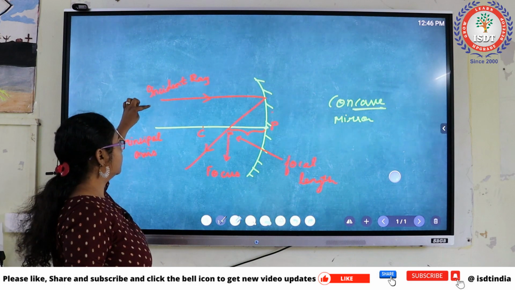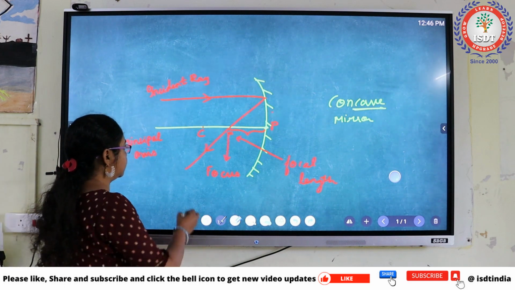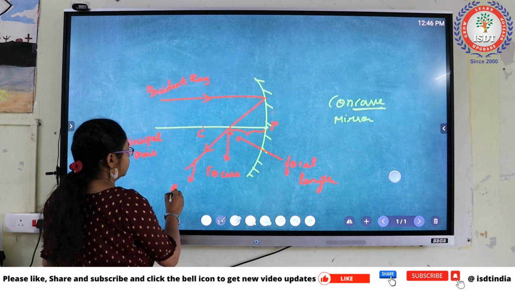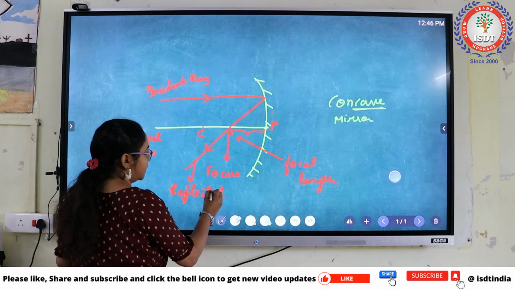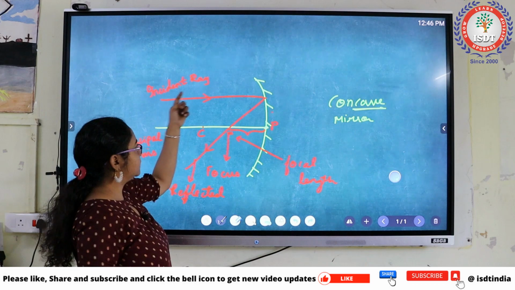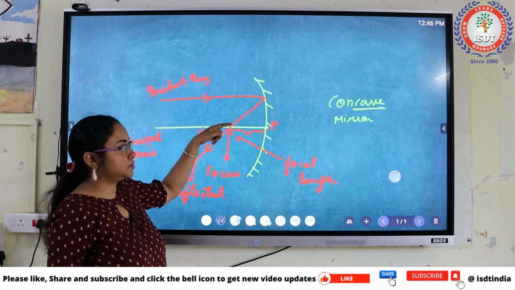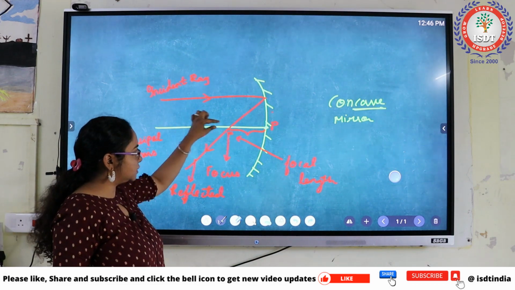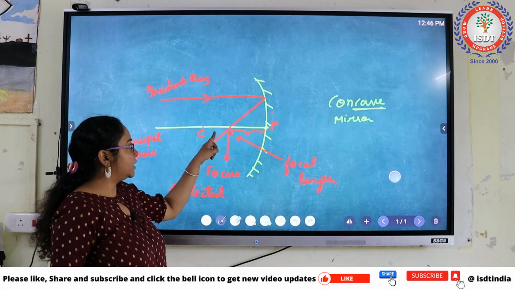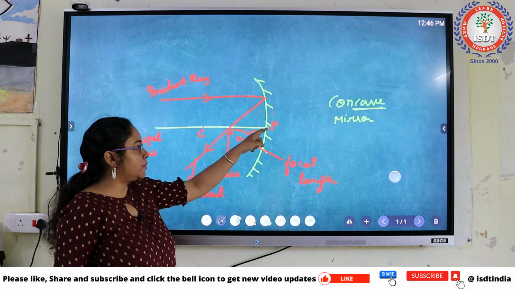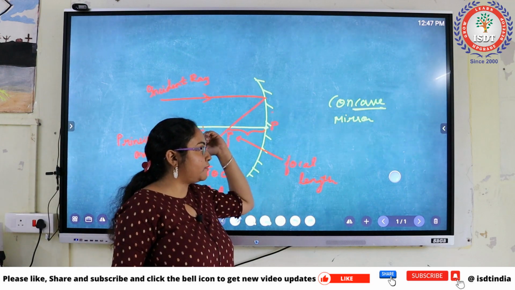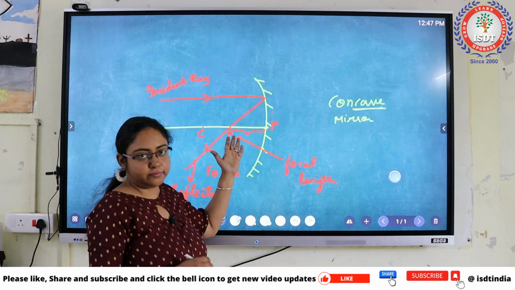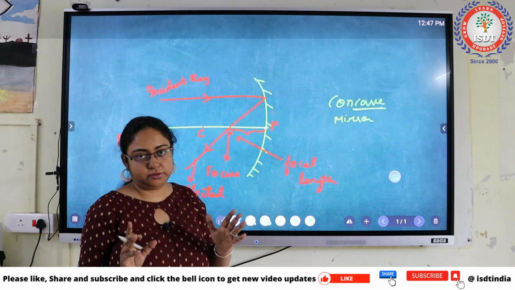This is the incident ray, and this is the ray which is known as the reflected ray. The rules we will see. The incident ray parallel to the principal axis passes through the focus. For a concave mirror, whether the focal length is positive or negative will be decided according to the sign convention.